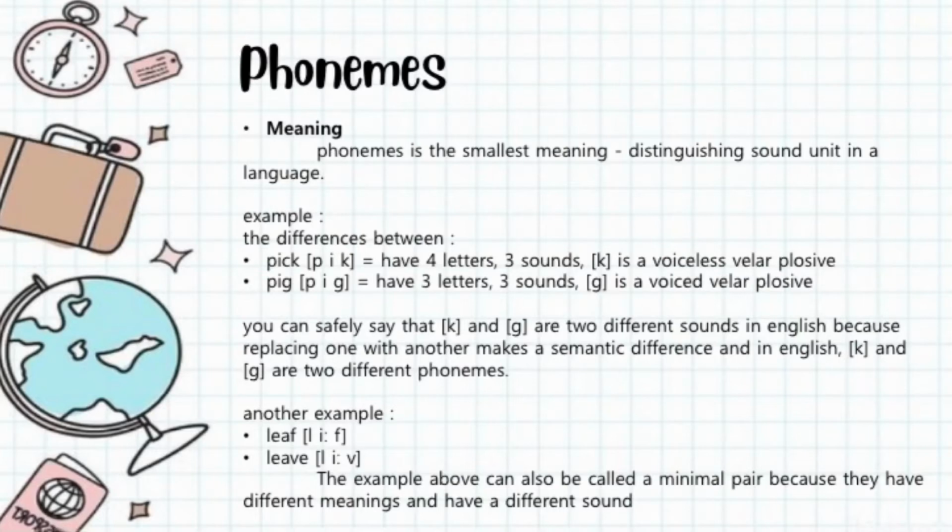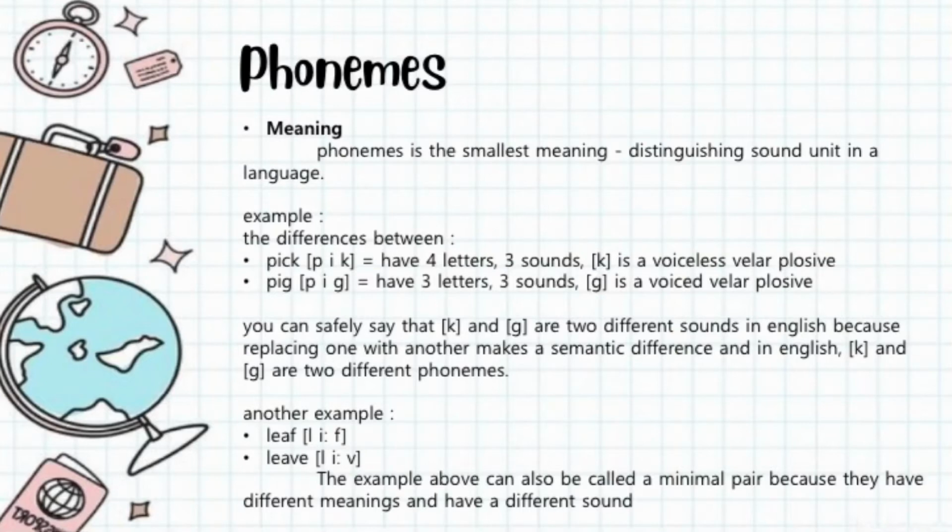Voicing is contrastive. It means voicing a sound may result in a difference in meaning. So the point is, here p and b in English are 2 different sounds because they have a contrasting meaning. You can safely say that p and b are 2 different sounds in English because replacing one with another makes a semantic difference, so in English, p and b are 2 different phonemes.